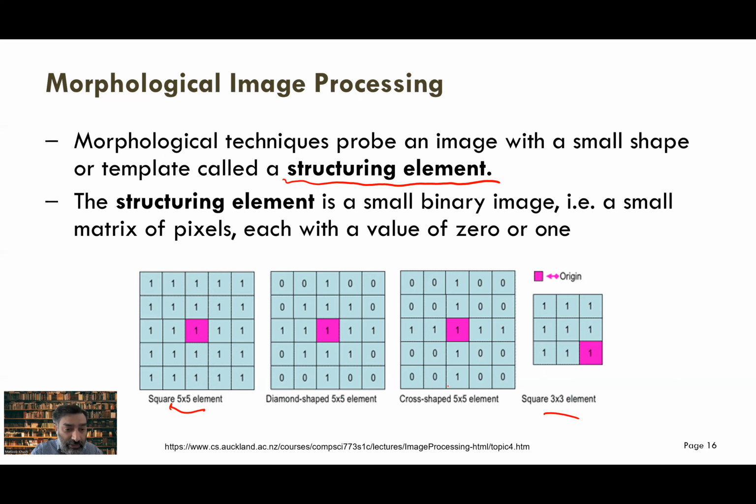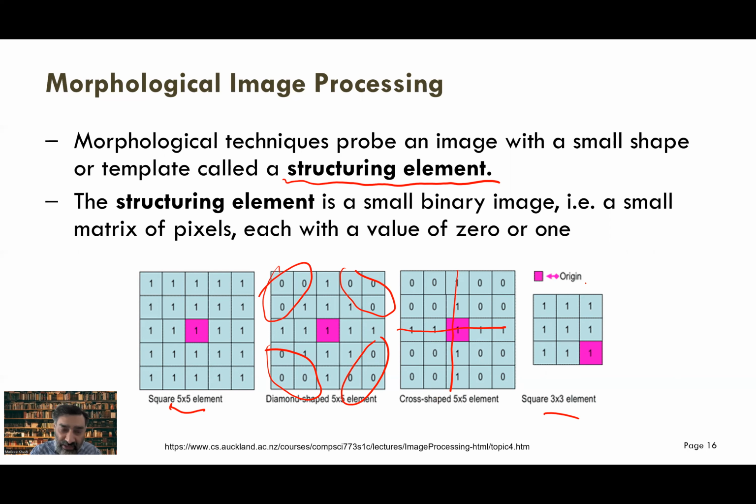and it could have a different shape. Like this square 5 by 5 element, where everything is one. In a diamond-shaped 5 by 5 element, you see some pixels are 0, basically creating a diamond shape. This one is cross-shaped. Now you see this one is a 1, all the rest are 0, and this one is just a square 3 by 3 element.